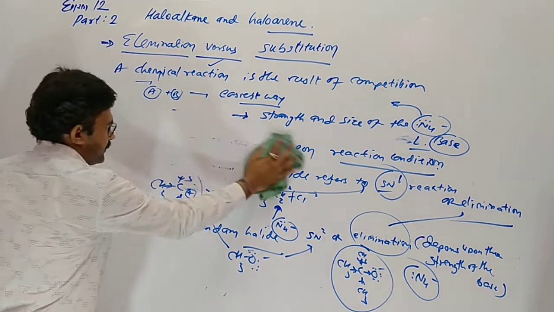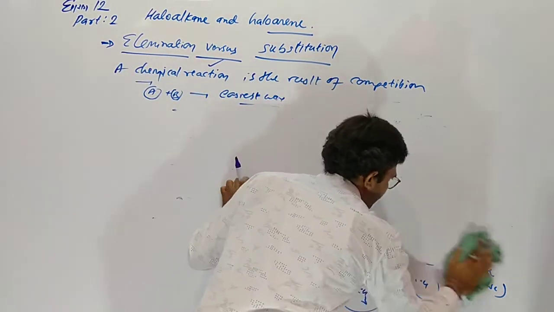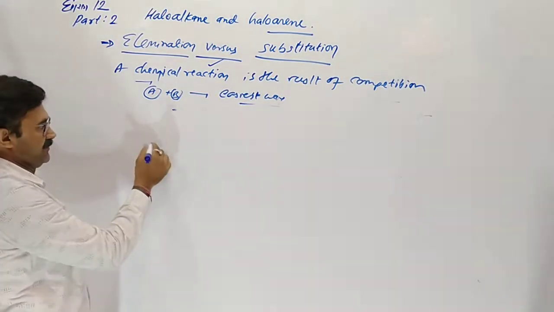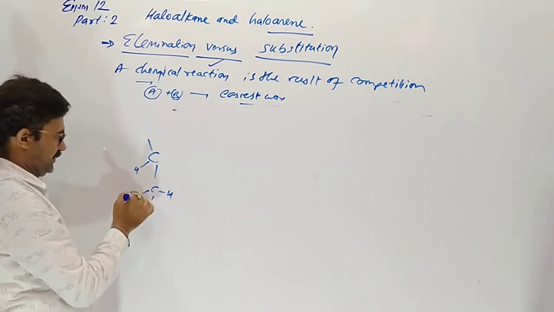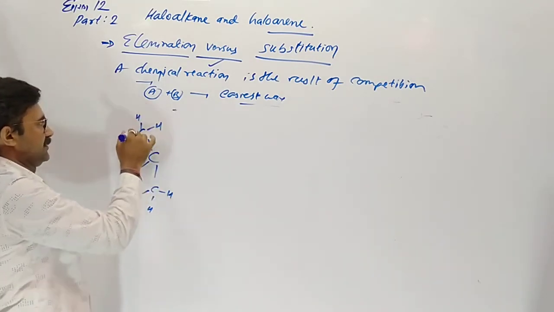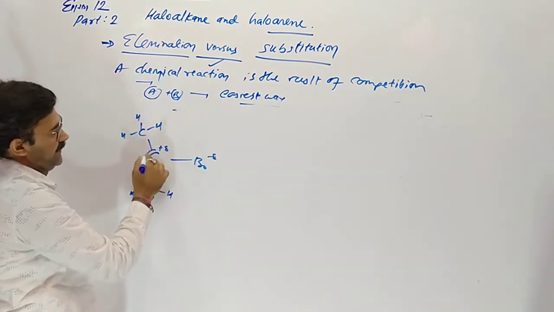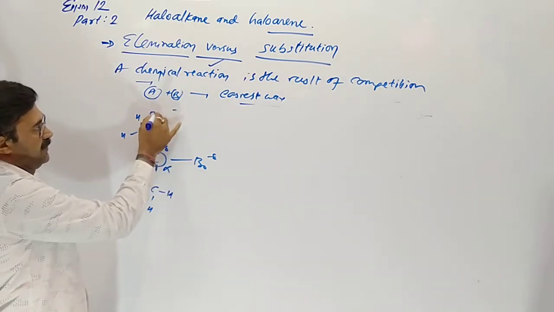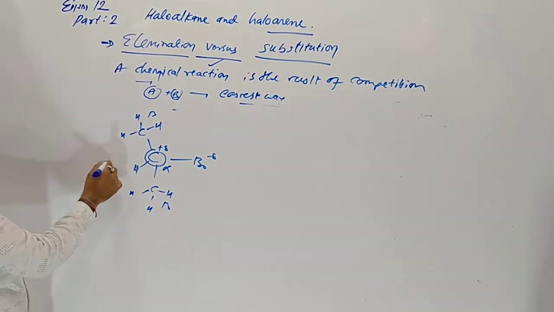Now an example is given in the book. Suppose 2-bromopropane is taken: CH3, CH3, and here is bromine. The bromine containing carbon is attached with another two. This one is alpha and these two are beta, neighbor carbons.